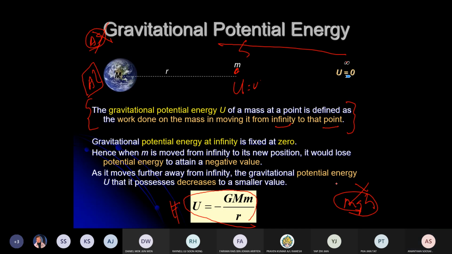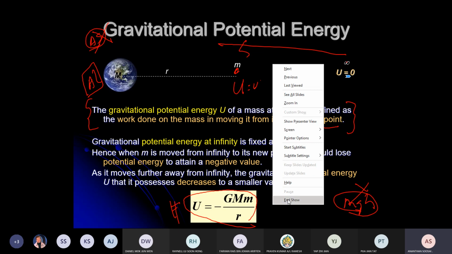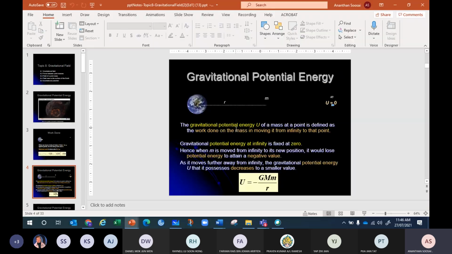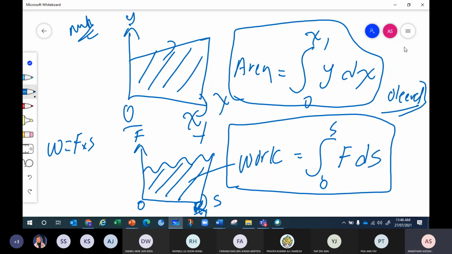Okay, so try to accept the new definition for gravitational potential energy: work done on the mass moving from infinity to that point, negative GMm over r. If you understand this, let's try to get a better understanding.